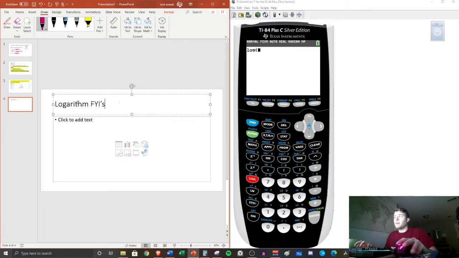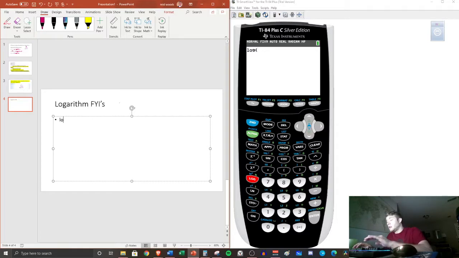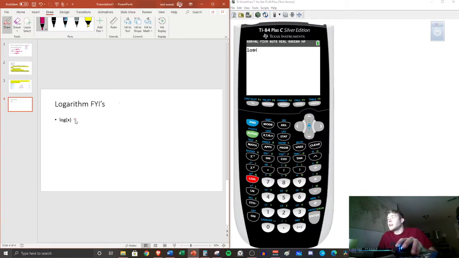We'll call these logarithm FYIs, okay? These are going to be important. So we're going to say log x here is the same as saying log base 10 of x.